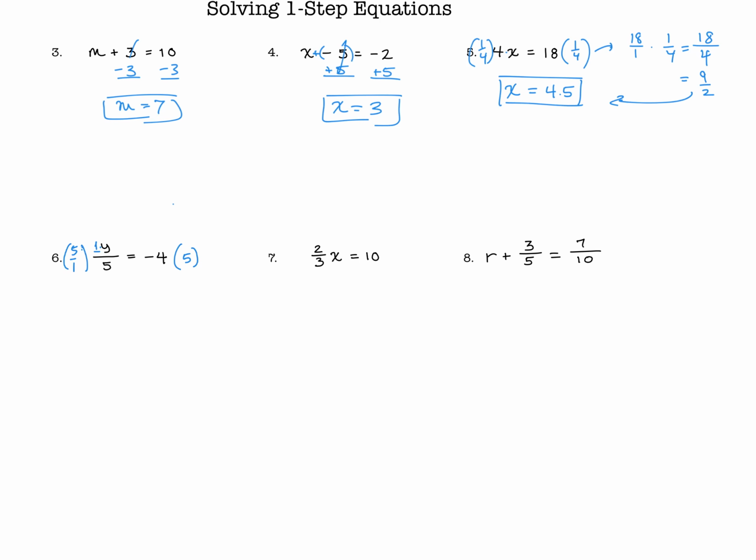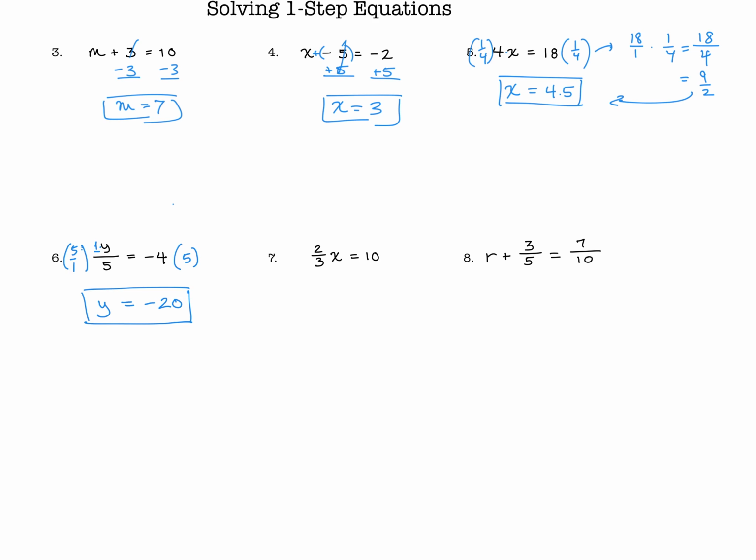I'm multiplying by the reciprocal. So this side becomes 1 because 2 reciprocals multiplied together make 1, and the other side is -4 times 5, which ends up being -20. And there's my answer. So the only properties I'm currently using are the inverse property of addition and the inverse property of multiplication.